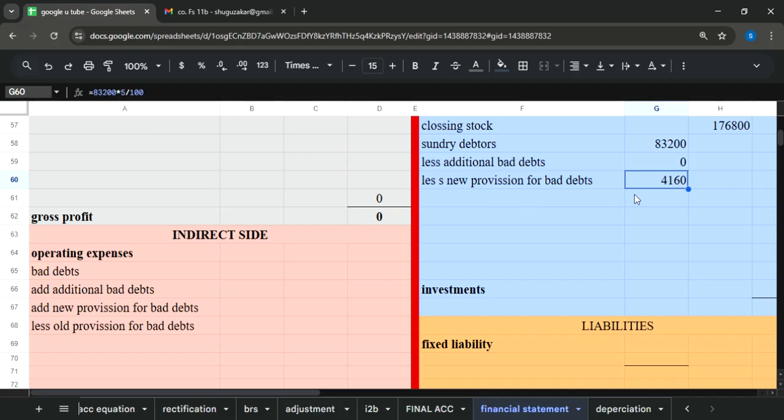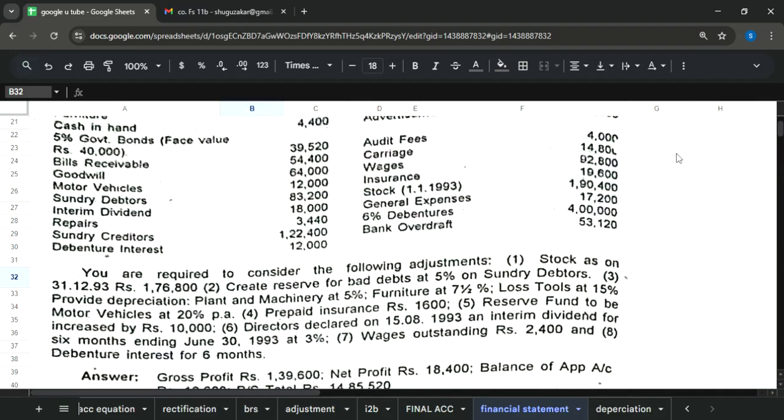So we have got new provision for bad debts, 0 were additional bad debts, and new provision was calculated over here, 4160. So finally you can see that additional bad debts and provision, both were having two effects. It means this second adjustment has been completed.